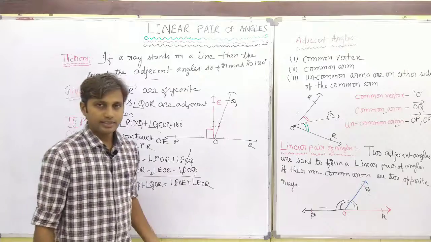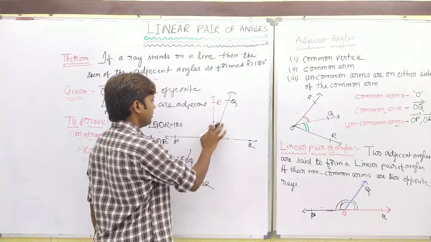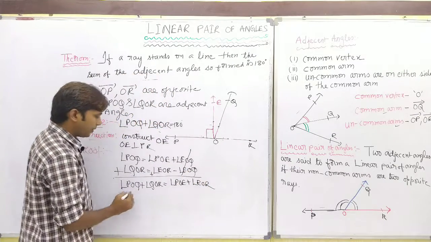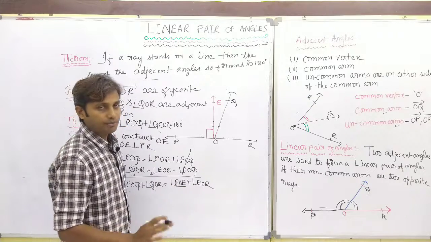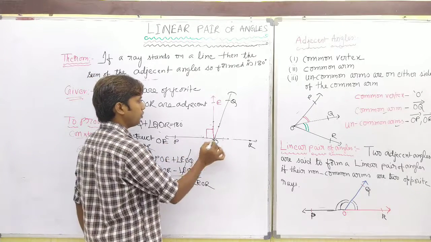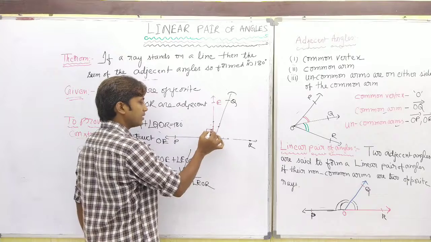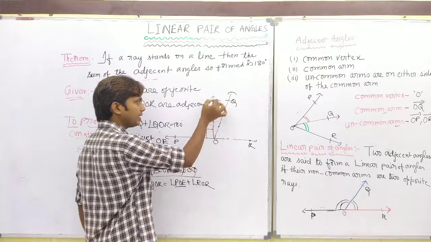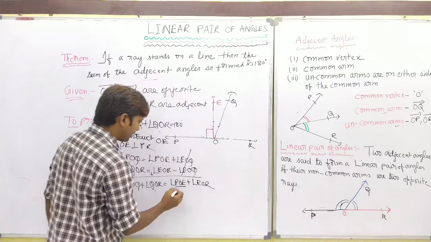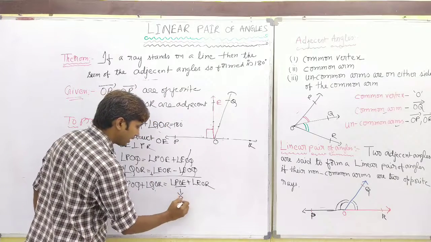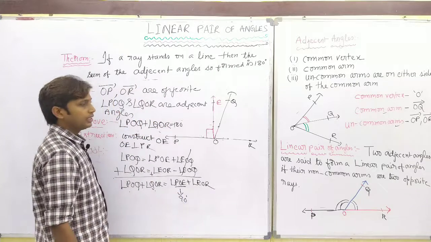Now let us do further analysis. See this guys, here angle POQ plus QOR equal to angle POE plus EOR. Angle POE means which one? Here POE is representing this angle. As we have drawn the perpendicular from the construction, this angle is 90 or not? So we can substitute 90 degrees for POE.